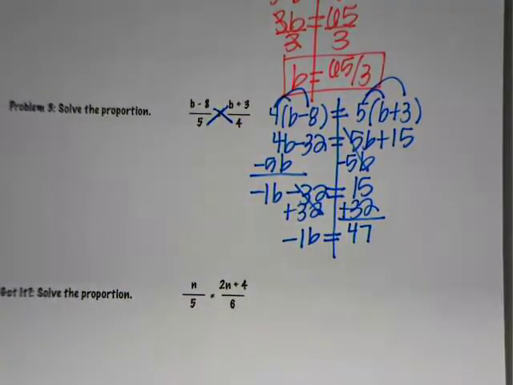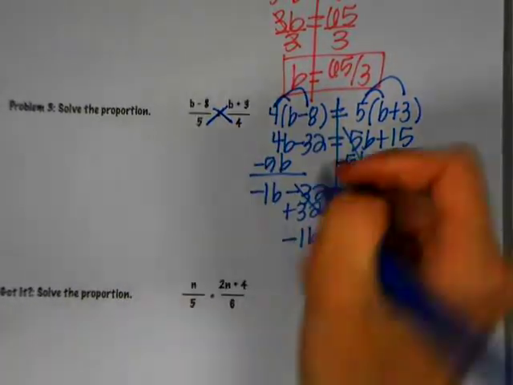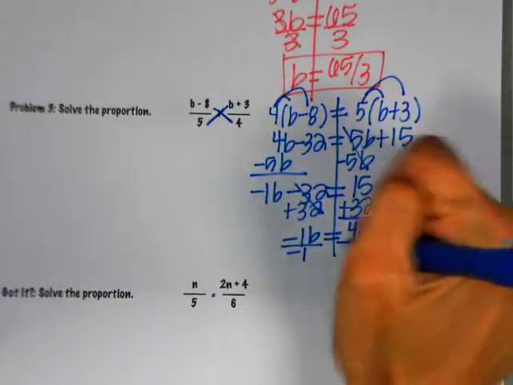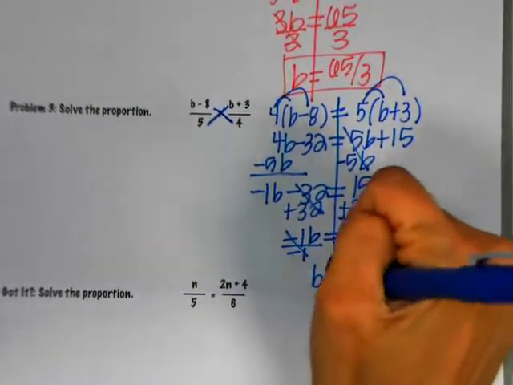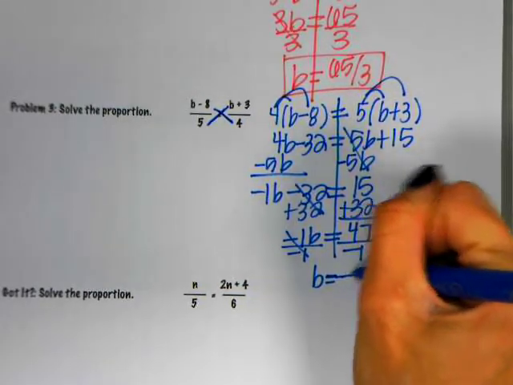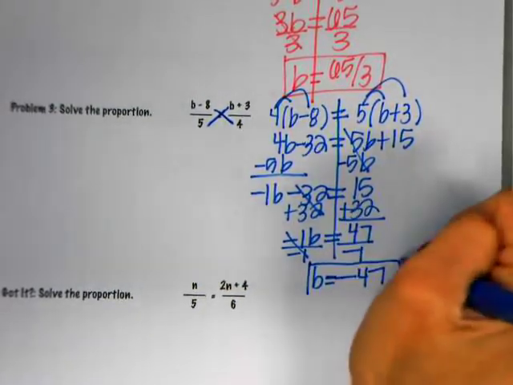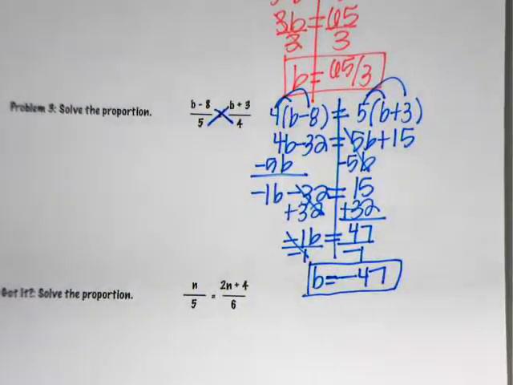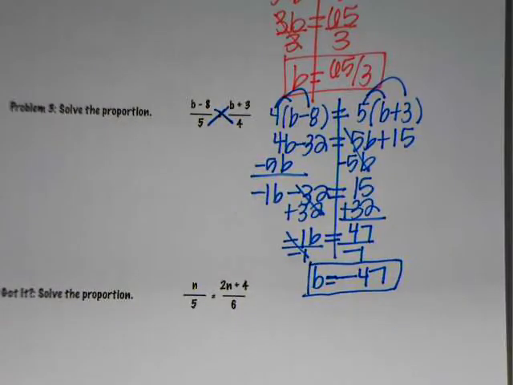Okay, and then am I done? No. Divide by what? Yeah, good. Divide by negative 1. So b equals negative 47. It's kind of hard to see the negative, but that's fine. All right, any questions on that? Okay, take your time getting that down and then move on to the next one once you're good.